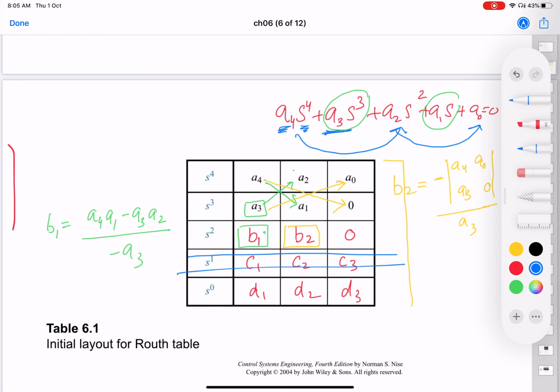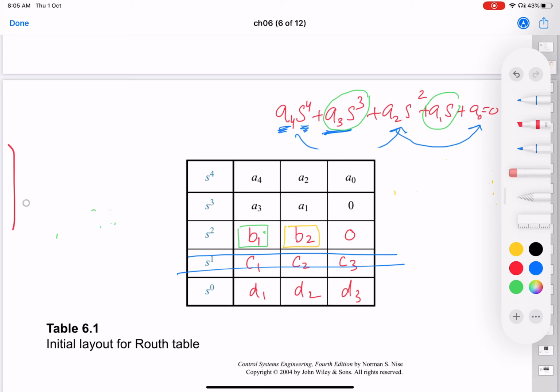Now when we look at the next row, which is the C row, we do the same thing, but with the rows above it. Let me just wrap this up so that it is easy for us to see how we multiply. For the C1, C2, C3 row, we take the two rows above it.